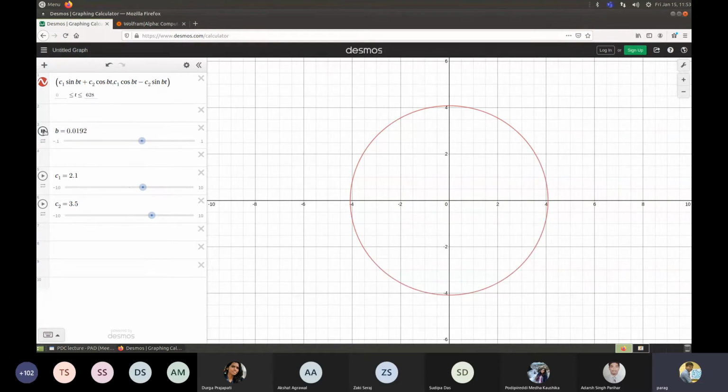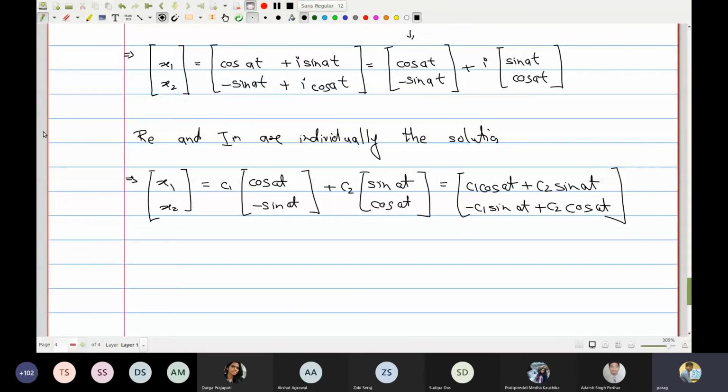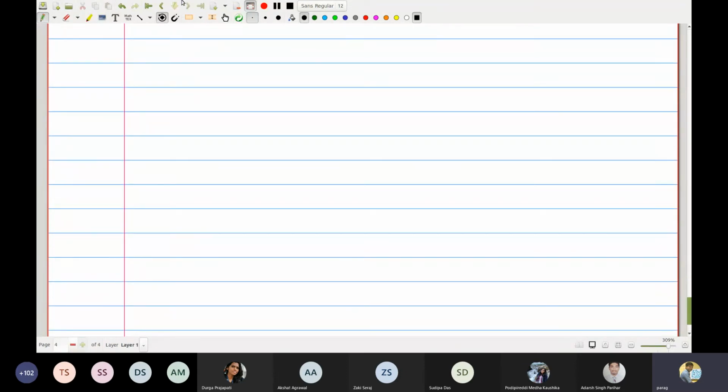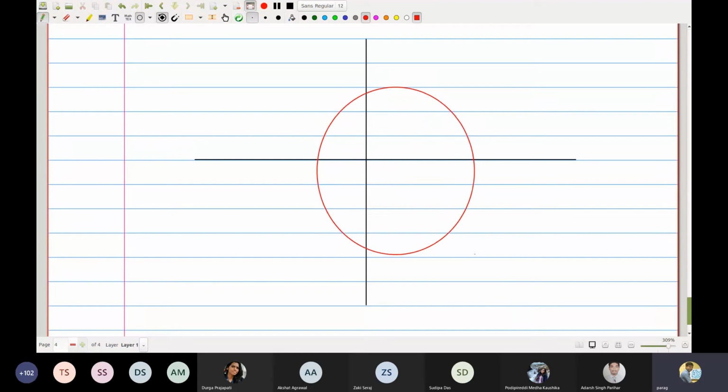So what do we learn about the phase portrait here?